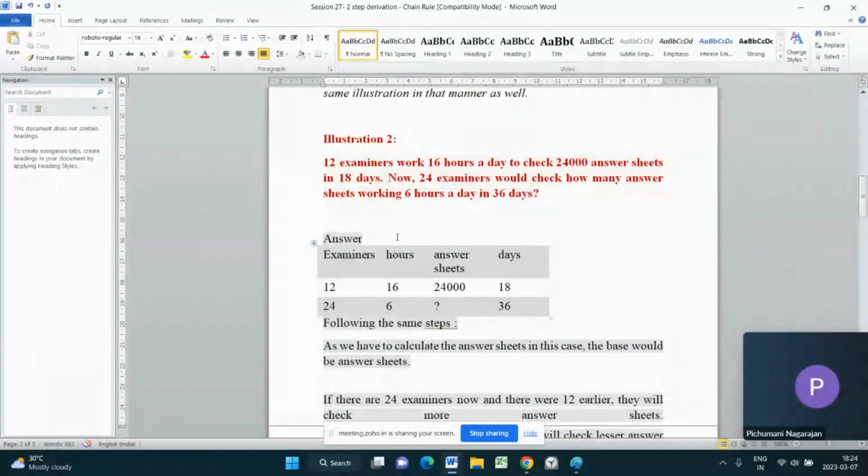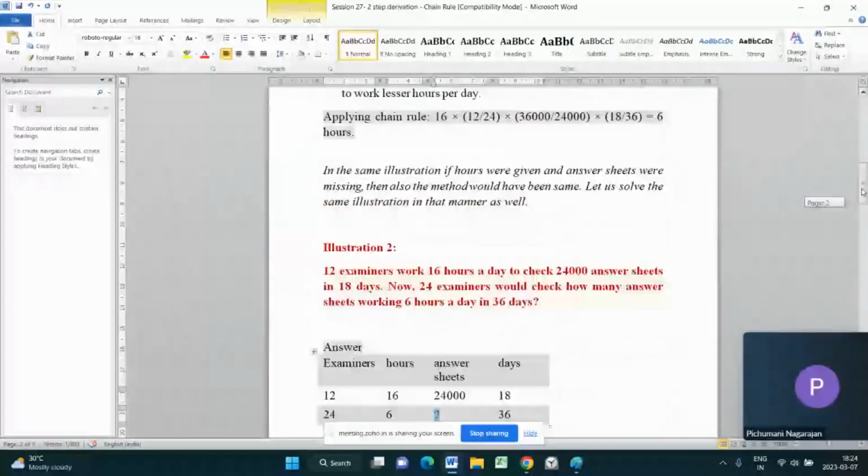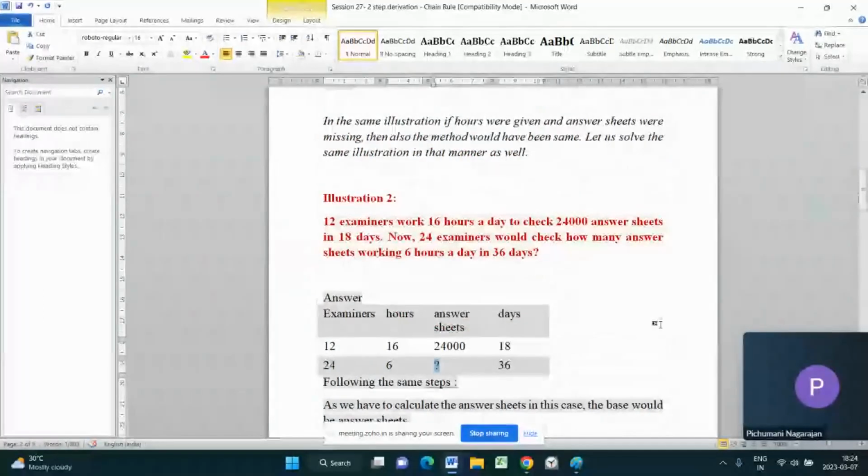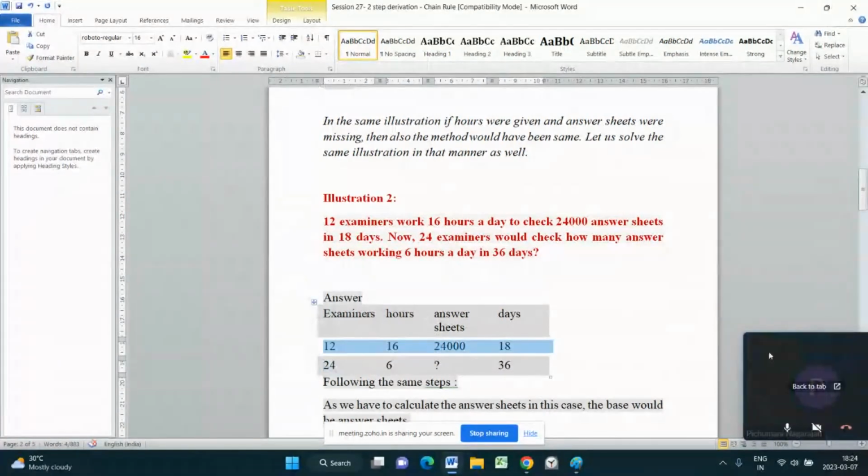If there are 12 examiners, same. If this is not given, we now know the hours, and from that we have to find it in reverse. Find it in reverse and let's see. Now we are comparing each one. 24,000 into, that should come first. So there are 24 examiners here and 12 is less. What will you take first?